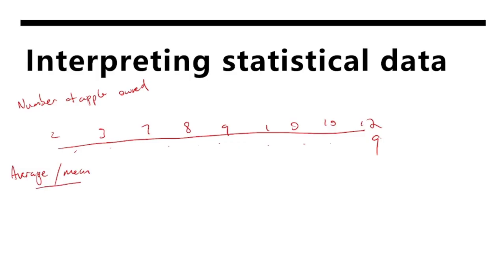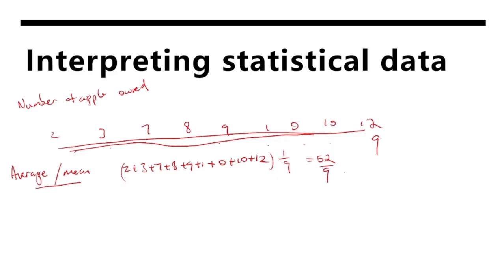So in order to find the average, we add them together. 2 plus 3 plus 7 plus 8 plus 9 plus 1 plus 0 plus 10 plus 12 and divide by the sample size, 9. So the average for this would be 52 over 9, which is 5.78. And since apples can't be in decimals, we'll round it up to 6.